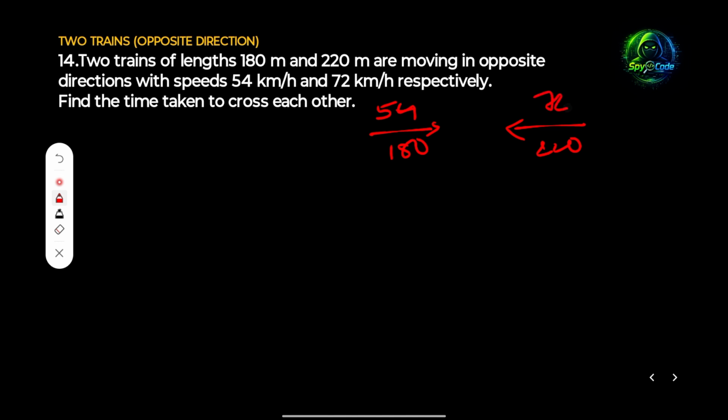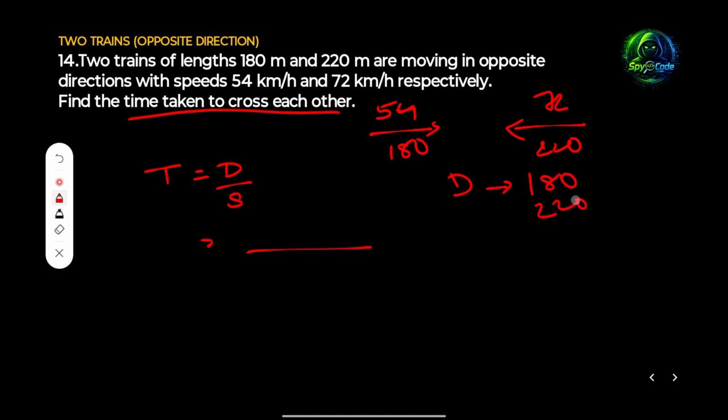So we know that they're asking for the time taken to cross each other. Time is distance divided by speed. For this scenario, when two trains are moving in opposite directions, distance will be L1 plus L2, that is 180 plus 220, so 400 meters is the distance.